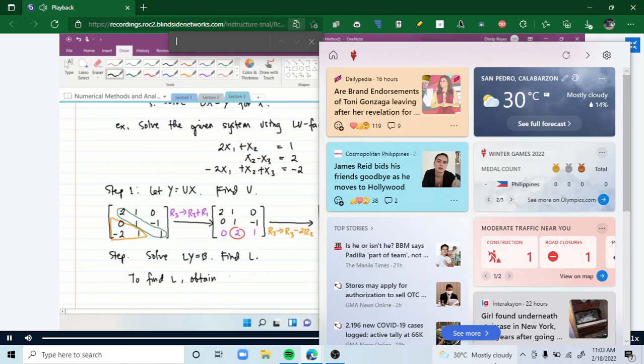You have to obtain the elementary matrices corresponding to the operations in step 1.